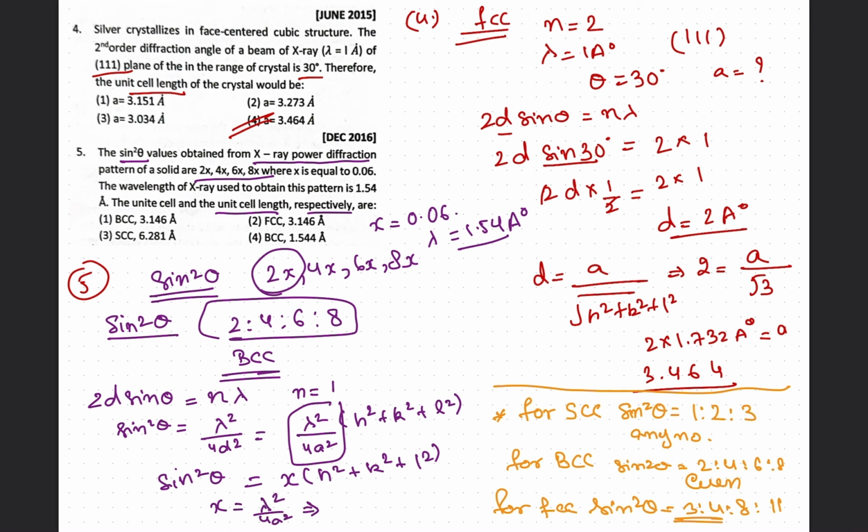Now putting the value of x they have given, 0.06, lambda square 1 this square, 4a square. Now from here when you evaluate a, it will come 3.14 Armstrong. So the correct answer will be 1, okay? This question you have to remember this.